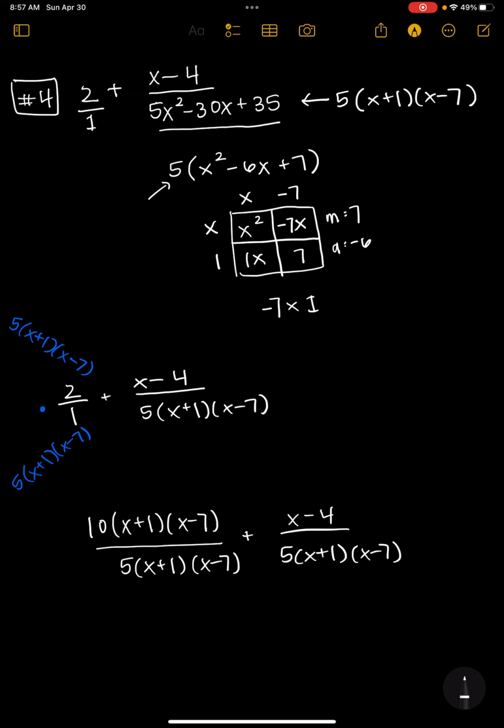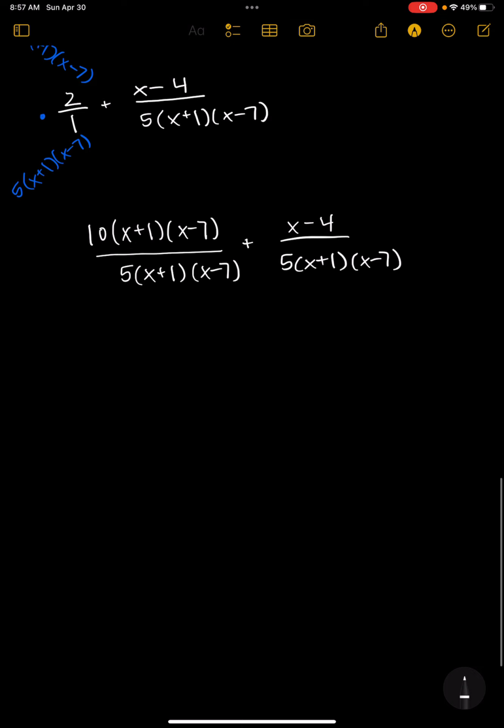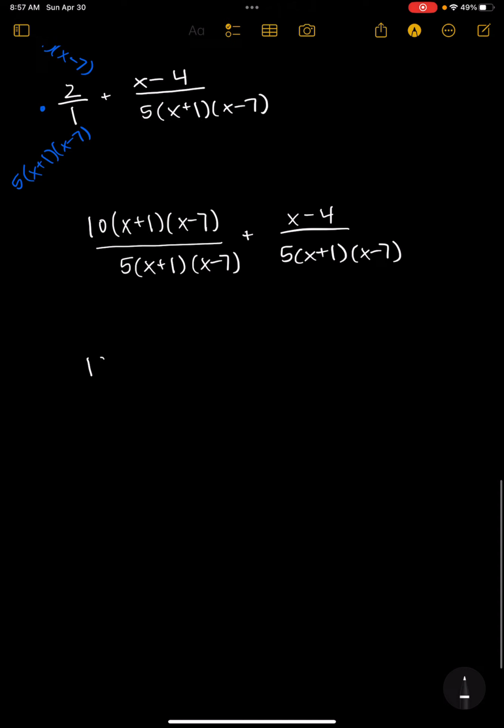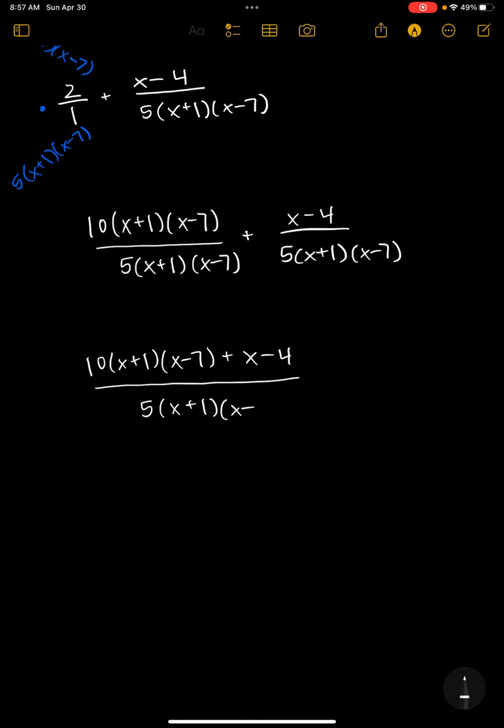Now they have common denominators, which means I can put them all in one fraction. So now I'm going to have 10 times x plus 1, x minus 7, plus x minus 4, over 5 times x plus 1, x minus 7.